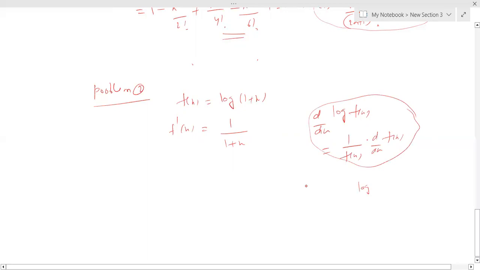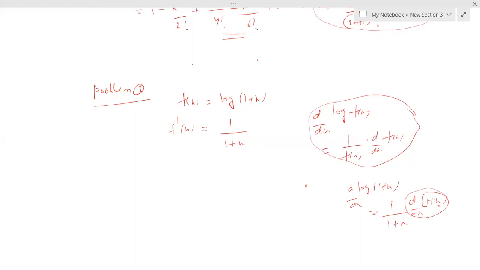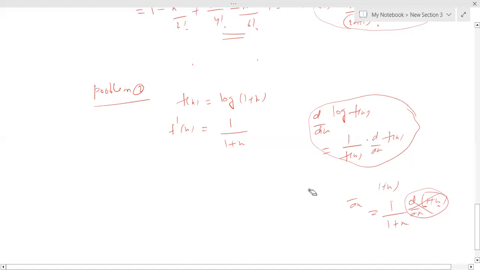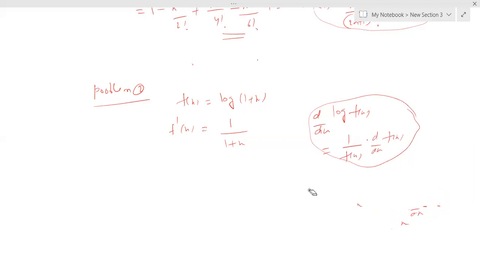Log of 1 plus x, the derivative becomes 1 by, replacing f of x, 1 by 1 plus x into the derivative of 1 plus x. The derivative of 1 is 0, the derivative of x is 1. 0 plus 1 becomes 1. Finally, we are left with 1 by 1 plus x. This is the way to find the derivative of any function.